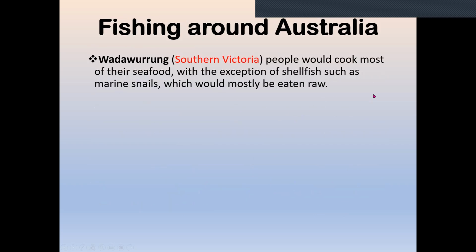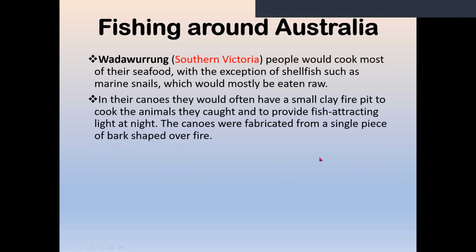In southern Victoria, they would cook most of their food, with the exception of shellfish and marine snails, which they had raw. And in Victoria, they also had these small clay fire pits in the canoe, and they cooked whatever they caught to provide fish-attracting light at night.